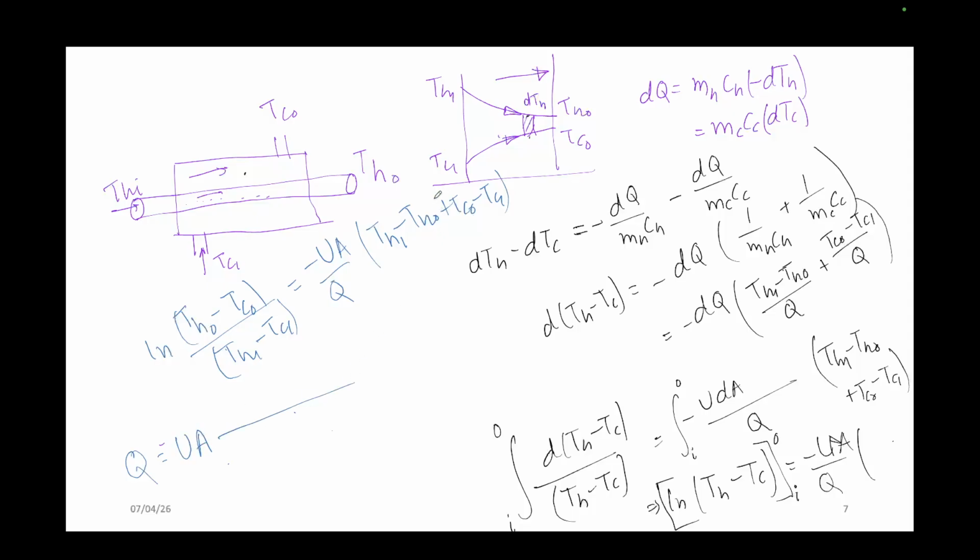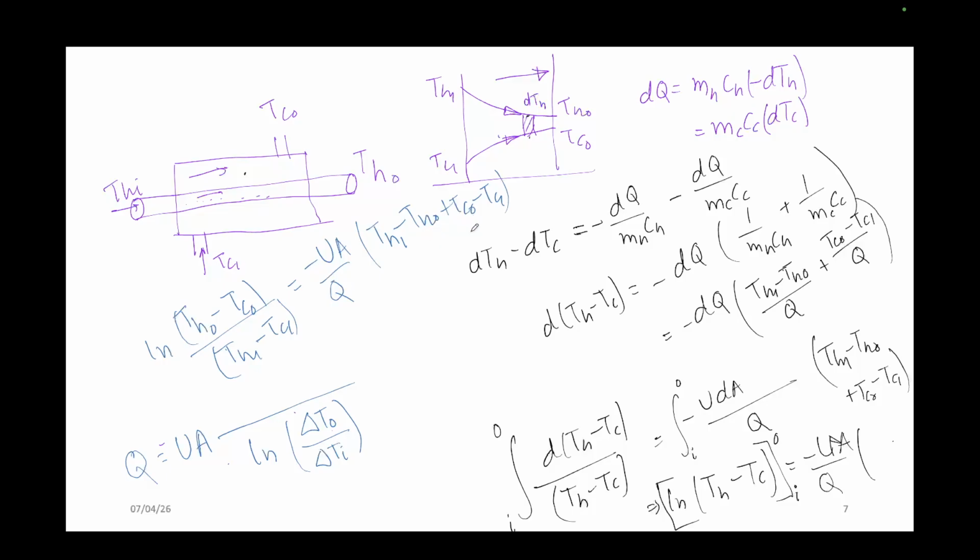On top there is this value, and at the bottom there should be ln of del T outlet by del T inlet. Can I write the temperature difference at the outlet of both sides and the inlet of both sides? Now I have to represent this in terms of Tho and Tco. There is a negative sign here.